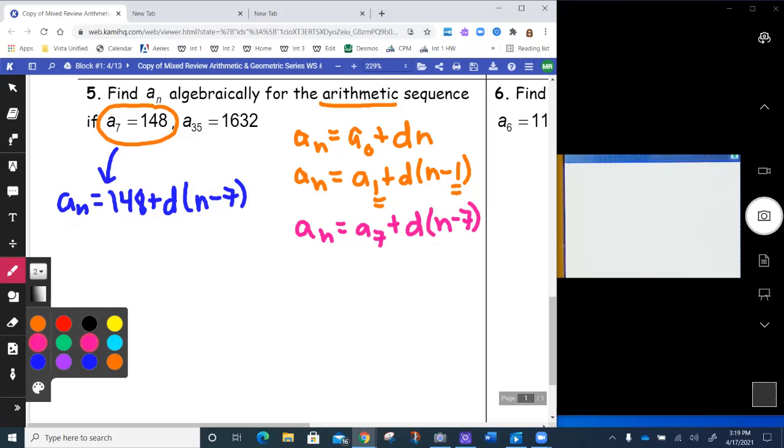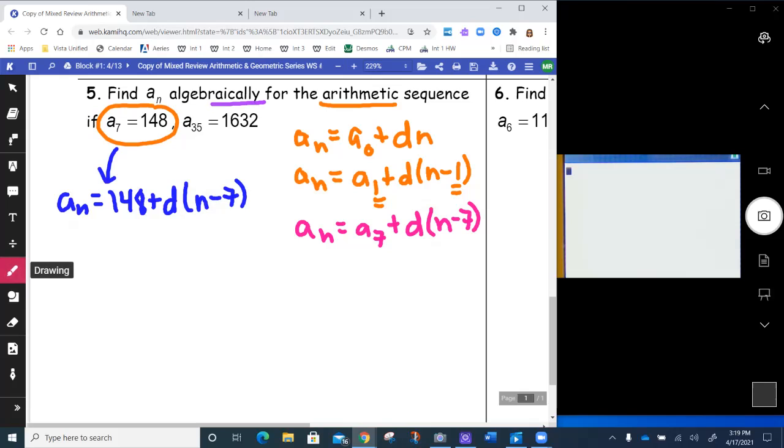Then I am going to take this 35th term and put that in for my a sub n. So 1,632 equals 148 plus d, and this was my 35th term, so I put 35 in for n, so this will be 35 minus 7.